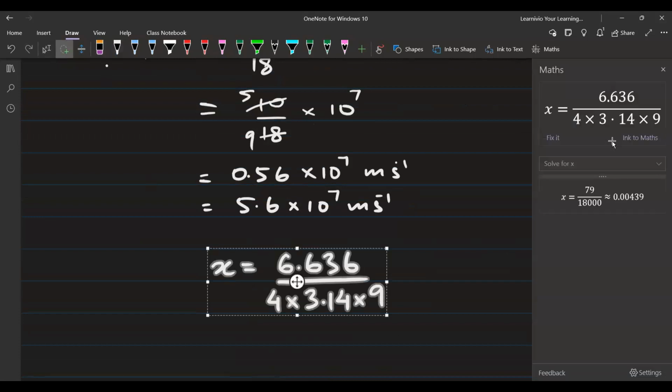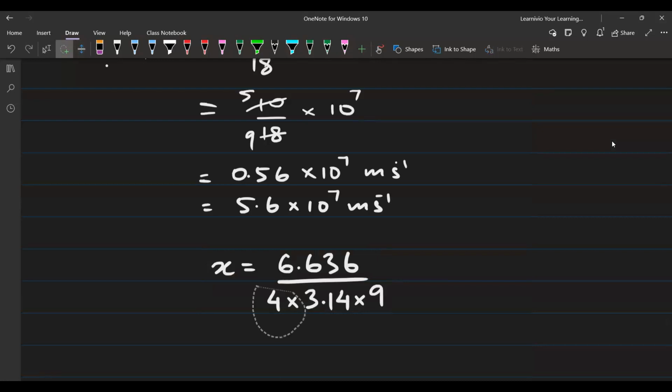Solve for x. ये तो कुछ ज्यादा ही कम आ जा रहा है। 0.00439 आ रहा है ये। 4 into 3 into 14 कर दिया है इसने। 3 into 14 नहीं है भाई, 3.14 है। कैसे बताएं इसको, 3.14 है?